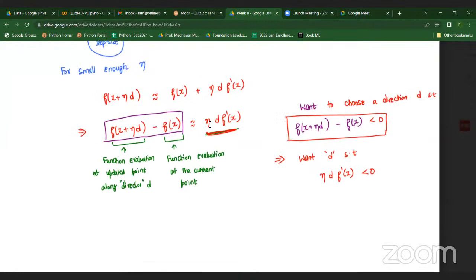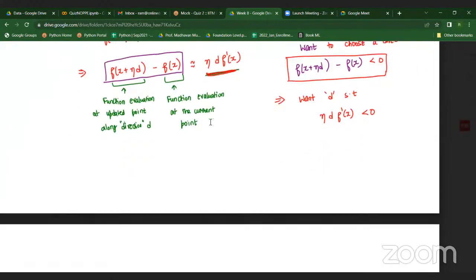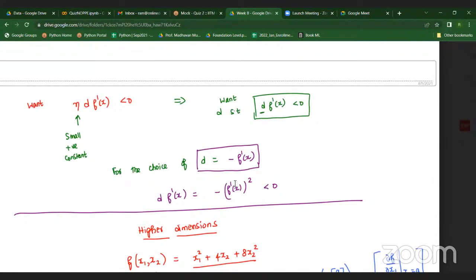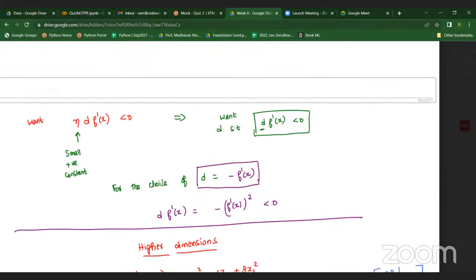Then this overall value is going to be equal to eta times minus f dash of x into f dash of x, which is going to be minus eta f dash of x whole square.